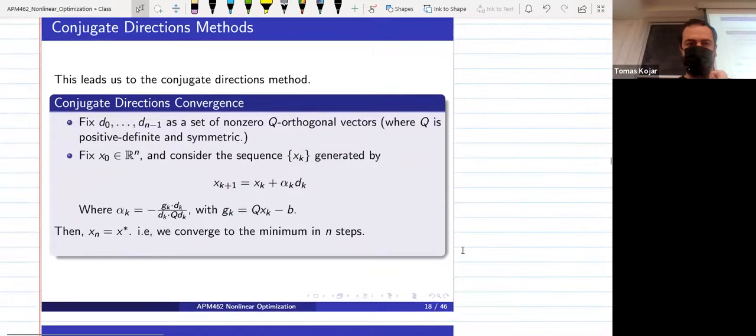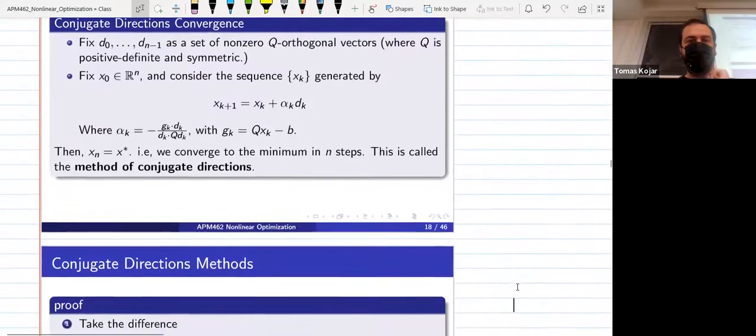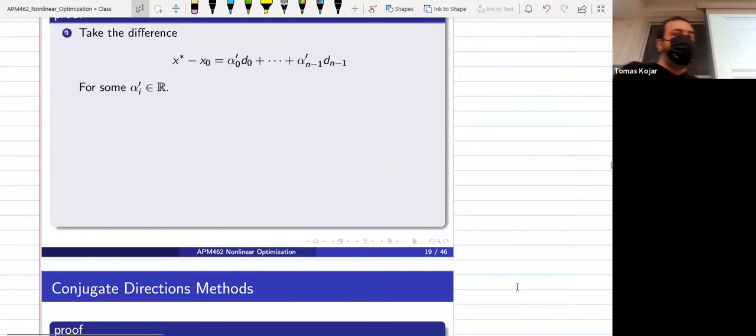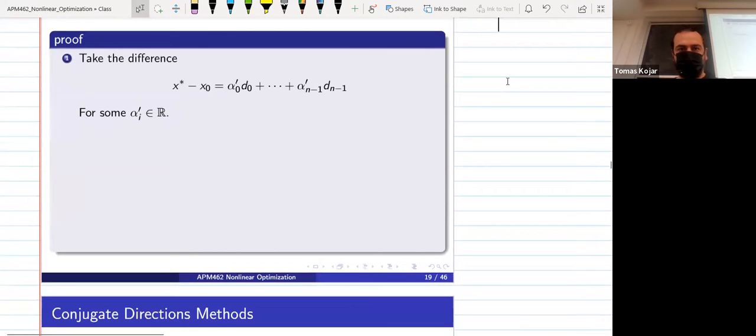All right. Let's prove it. So n steps. Let me explain the spirit of the proof. Again, the goal is to find these coefficients given any initial point.